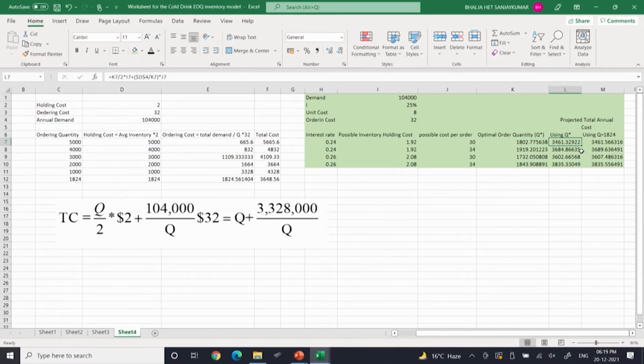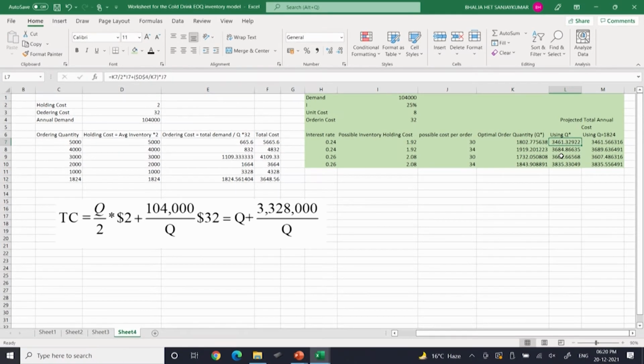That is what I have done in L7. You see the formula for L7, I am finding the total cost expression. So, average inventory is K7 upon 2 multiplied by I7, plus number of orders. What is the number of orders? Demand upon EOQ multiplied by J7, that is the ordering cost. So, it is 3461.